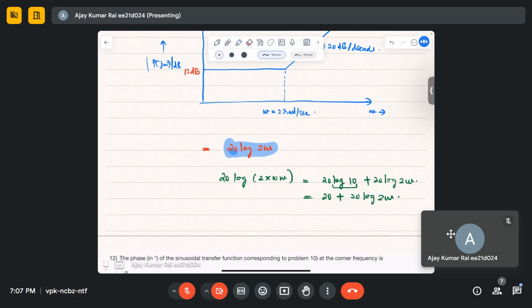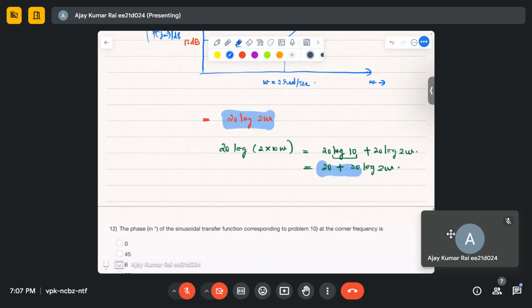So this is the magnitude at some omega. I'm not saying omega greater than 2 radian per second; you can take omega equal to 2 radian per second also. And we are finding the magnitude at 10 times more, like 2 into 10 is 20 radian per second. So you'll get the magnitude as this.